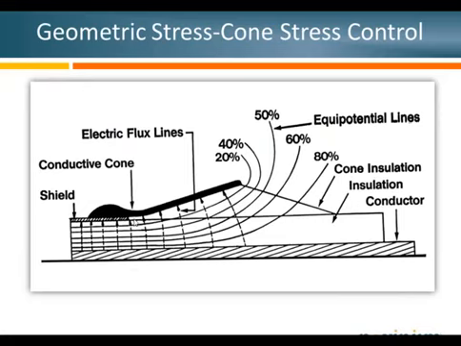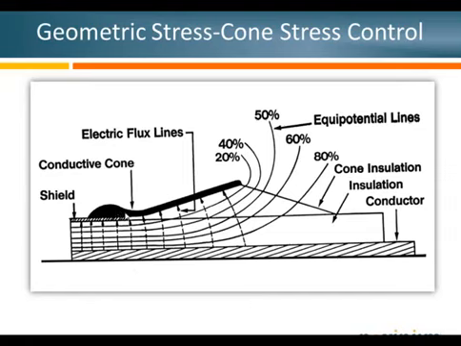With a geometric stress cone, what you do is gradually increase the insulation thickness from the end of the insulation shield, where you terminated that insulation shield, up to a point, and then gradually ramp it down on the other side back to the insulation. What that does is add extra insulation to the cable insulation, and it moves the high stress point.